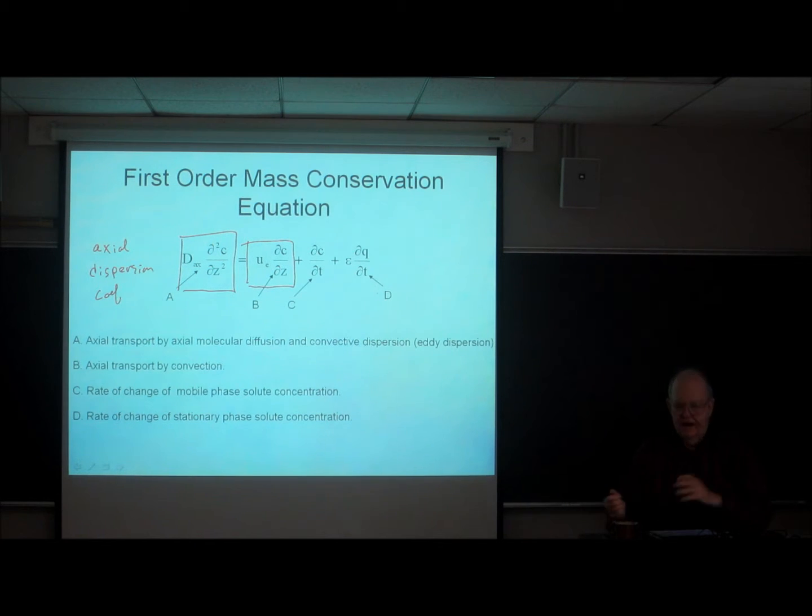Terms C and D added together are the net accumulation of analyte in the zone in the column. This term C, partial C partial t, is the accumulation of solute in the mobile phase. C is the mobile phase concentration. And Q is the stationary phase concentration. So the D term is the net accumulation of material in the stationary phase.